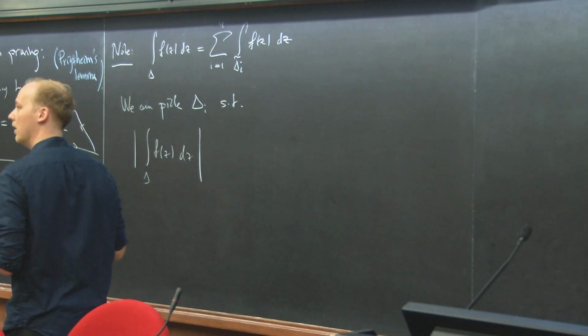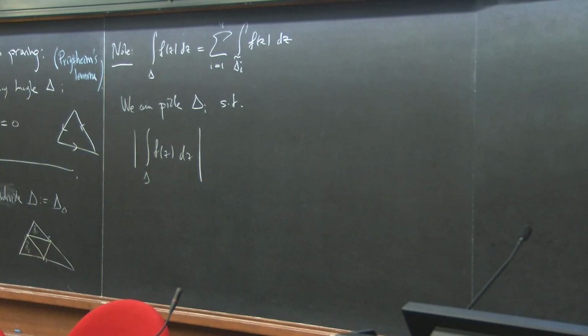Sorry? You want to suppose for contradiction? No. In the proof? Yeah, possibly. So let's see how it ends, this proof. Let me just check. No, but it's not necessarily.